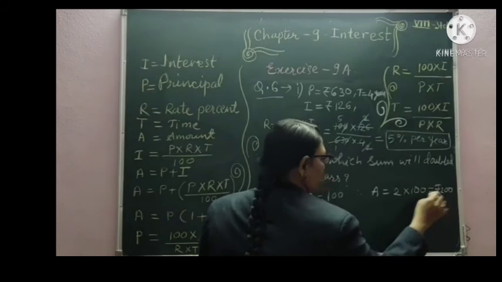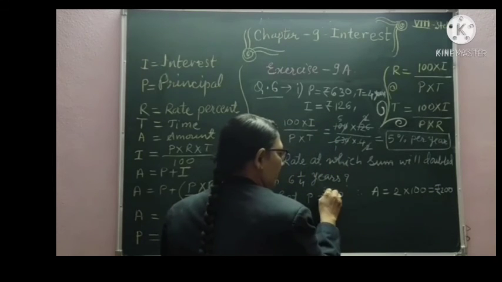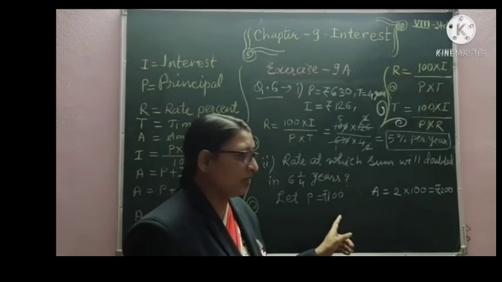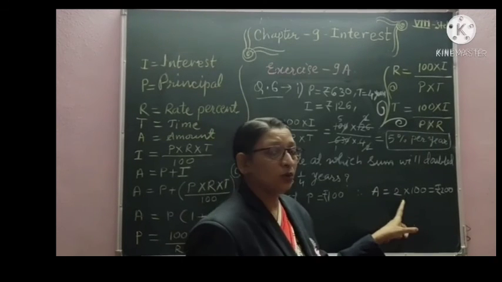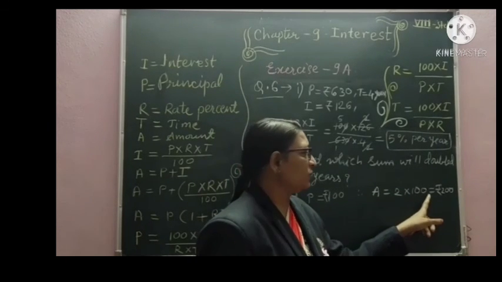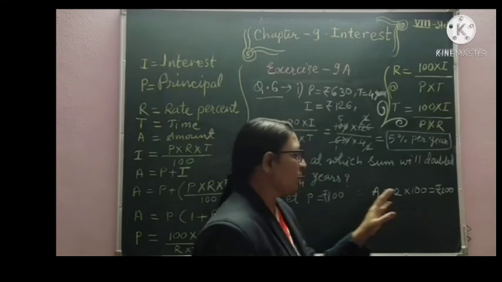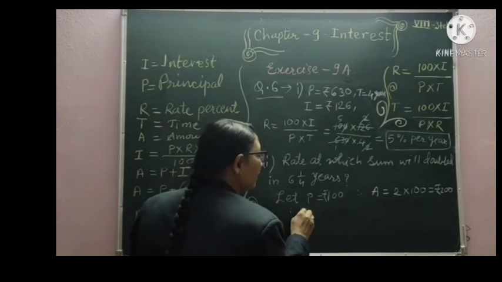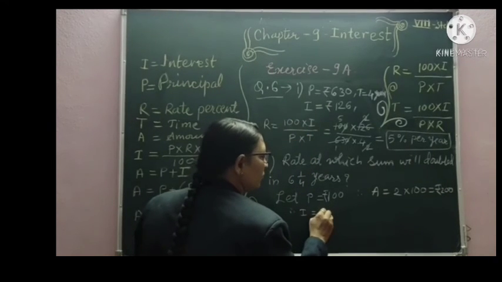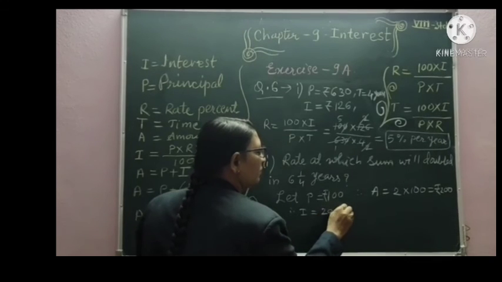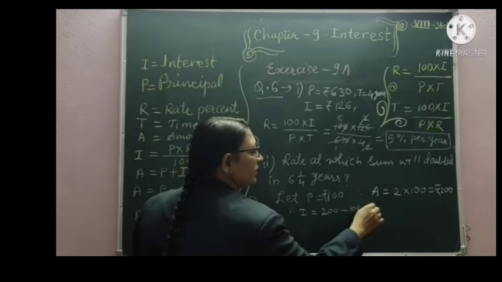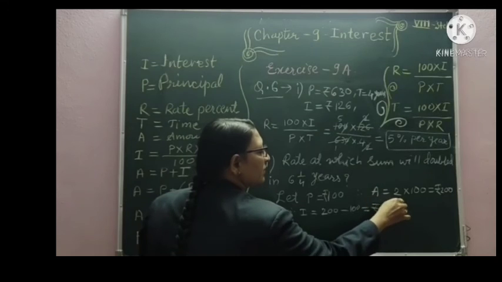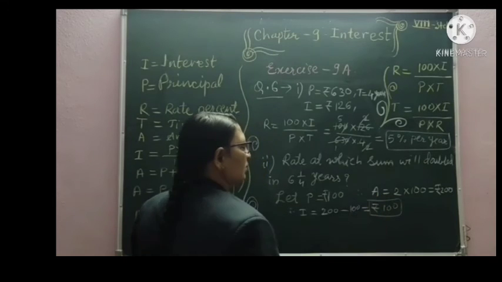Here principal is 100 rupees. So in this case we will get interest is equal to 200 minus principal, that is 100. It is rupees 100, 100 is the interest.